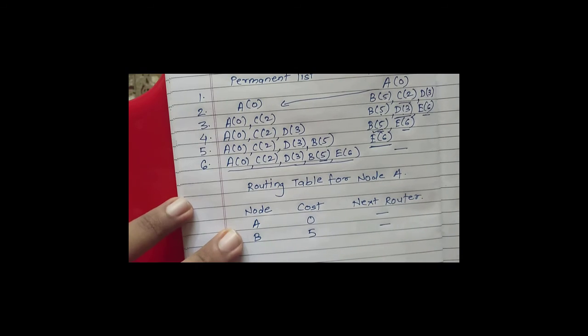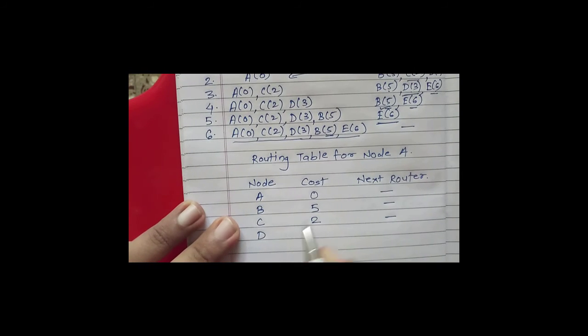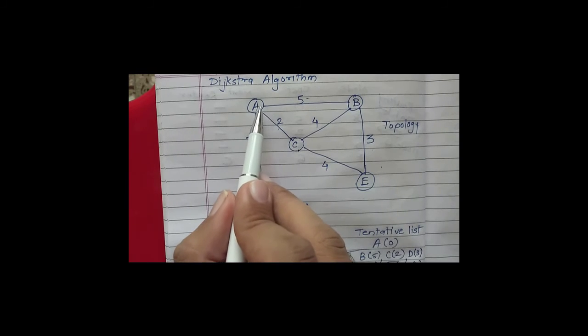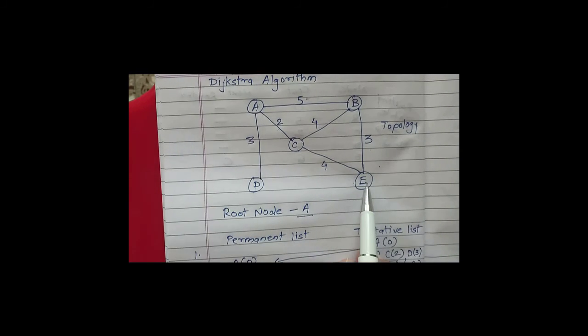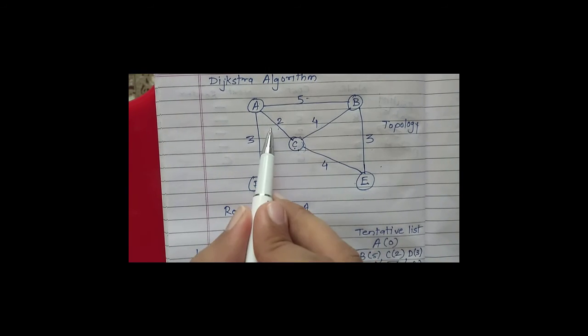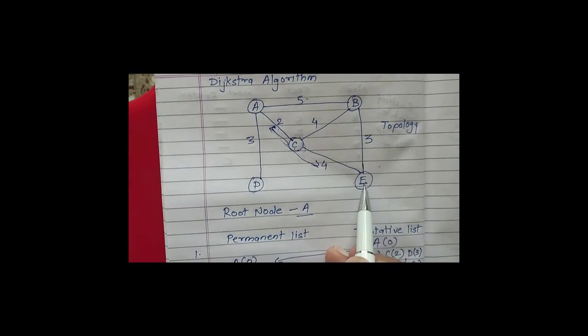There is no intermediate router. Then node C, the cost to reach node C is 2, with no intermediate router. Then D, the cost from A is 3, and then E, the cost is 6, and the packet which is moving from A to E must go via C, because this forms the shortest path between A and E.